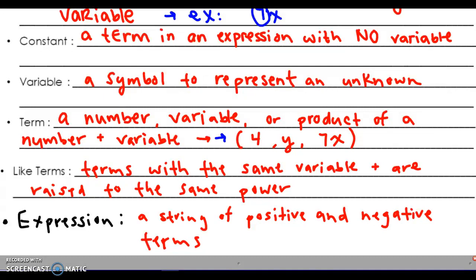And so all of these terms really just have a positive or negative symbol in front of them, and they're all strung together to make an expression. But I think understanding that concept is really going to make our lives a little simpler as we jump into the rest of this algebra unit. So again, an expression is just a string of positive and negative terms, and hopefully this little setup will help us move tomorrow just as we start putting some meaning to these different words.